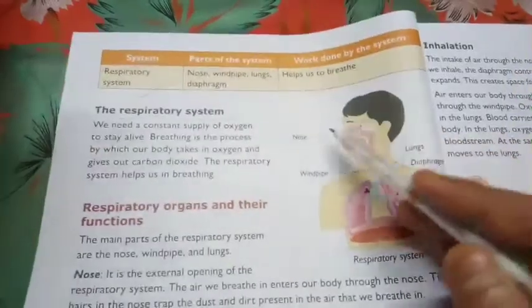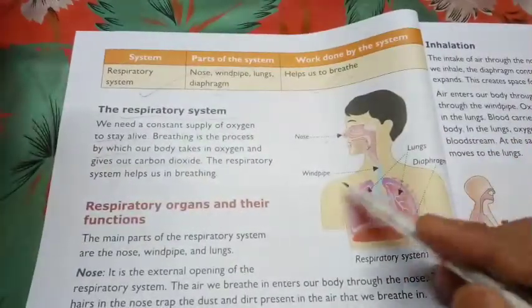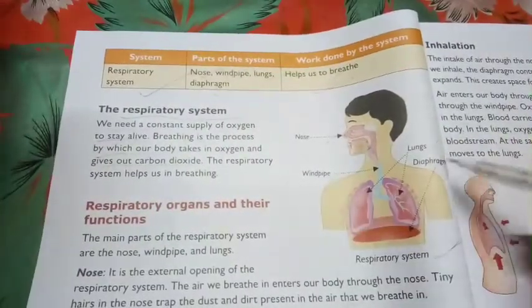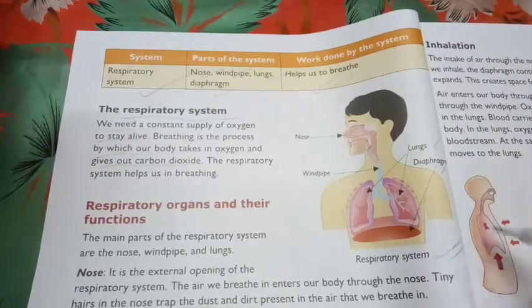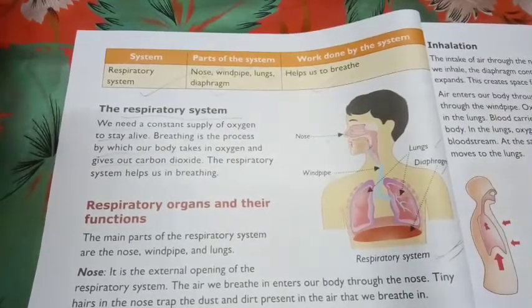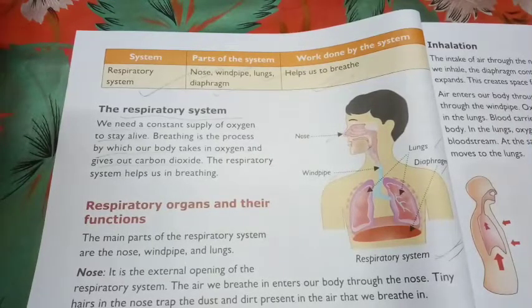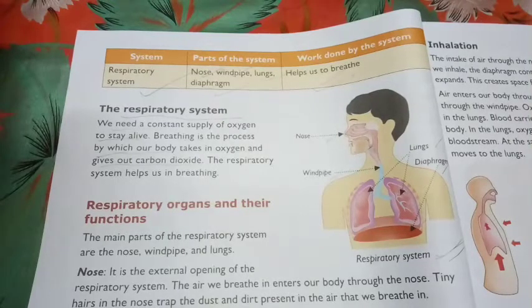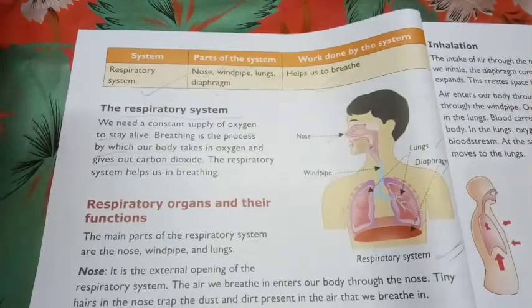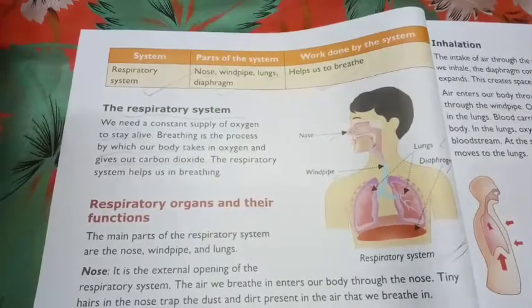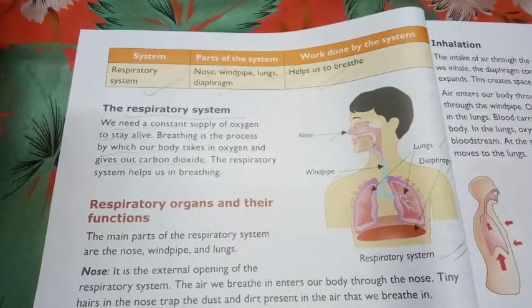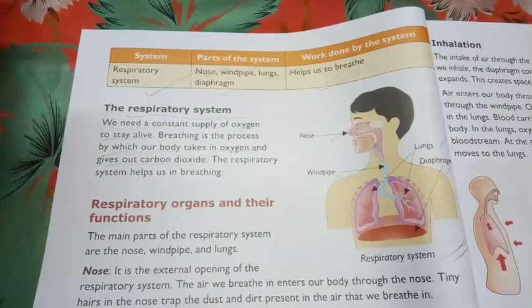As you can look into the diagram, the first one is the nose, then we have our windpipe, lungs, diaphragm. This is your respiratory system. So practice this diagram at your home. This respiratory system has a little bit more functions to do. That I will discuss in another video, in our next video.